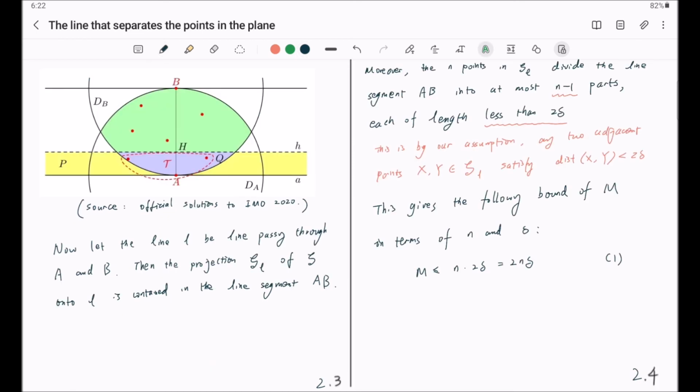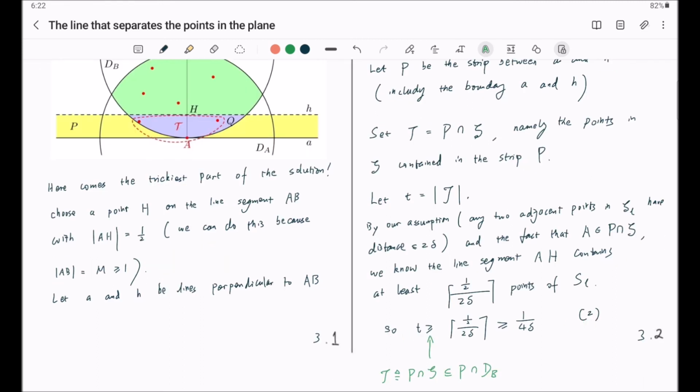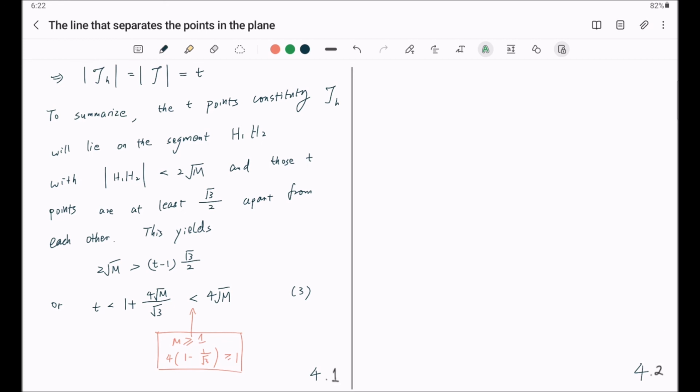And now we are ready to combine our inequalities 1, 2, and 3. Now combining 1, 2, and 3, so first from 3 you get t less than 4 times root of m.